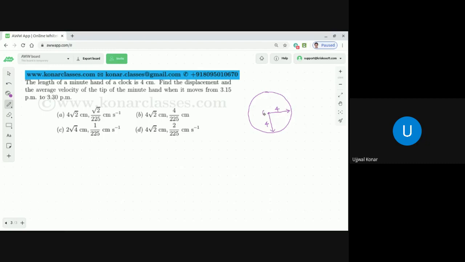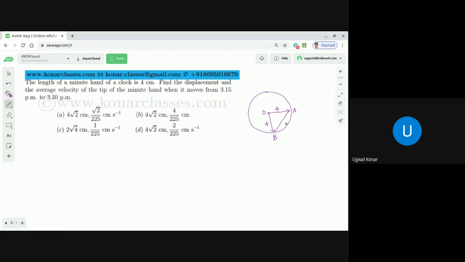Suppose this is O. At the time of 3:15, the tip of the minute hand was at position A. And at the end of 15 minutes, that is at 3:30, the tip of the minute hand comes to position B. I'm only interested in the straight line distance between A and B, because we are dealing with the velocity. Displacement is AB. So how to find AB?